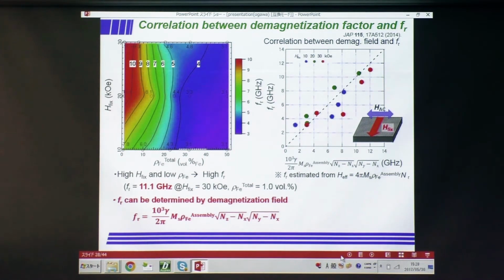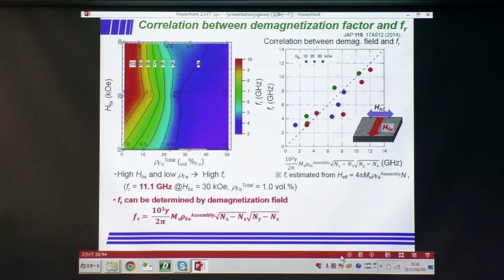And we can also replot the obtained FR data in this relationship. The y-axis is the experimental FR, and the x-axis is the scaling function we modified. The first term expresses the maximum dipole interaction field inside the assembly, and the difference between Nx and Ny means the difference of the dipole interaction field along each direction.